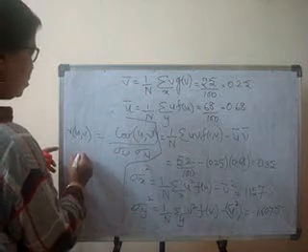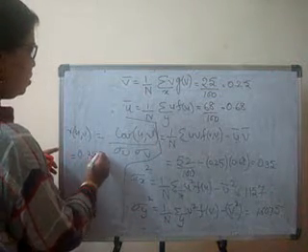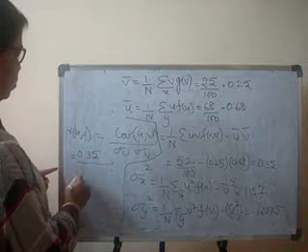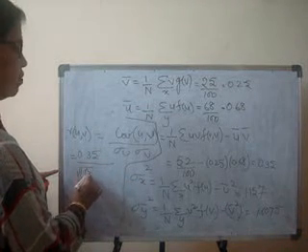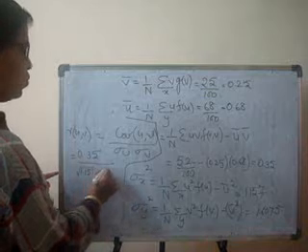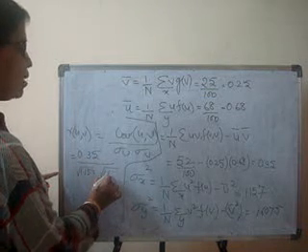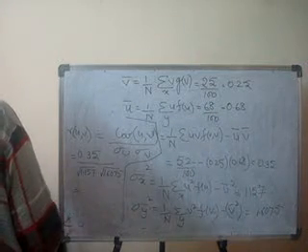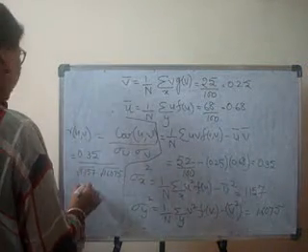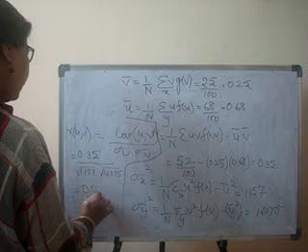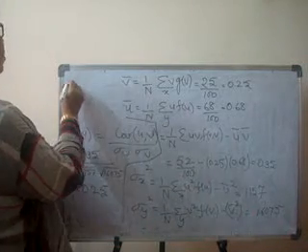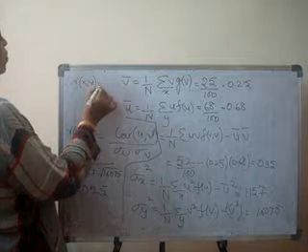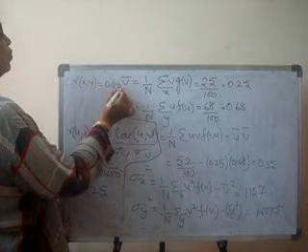Covariance is 0.35 divided by root of 1.157 into root of 1.6075. So that is equal to 0.25. Therefore, the correlation between x comma y is equal to 0.25.